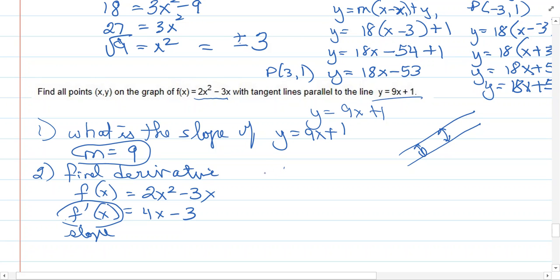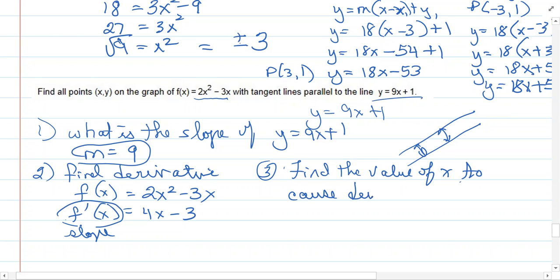We want to find the value of x to cause the derivative to be 9. All right, so we're going to have 9 equals 4x minus 3.